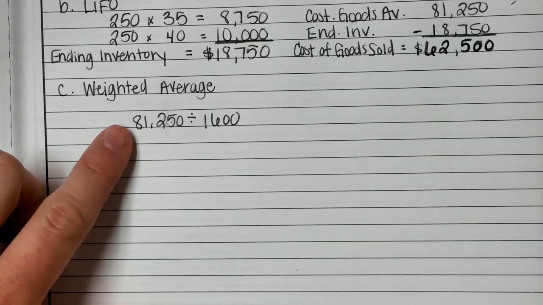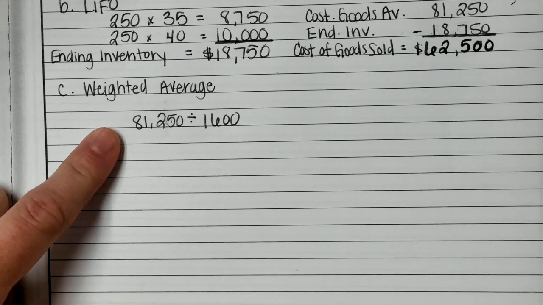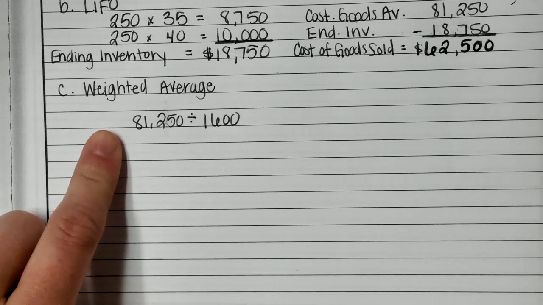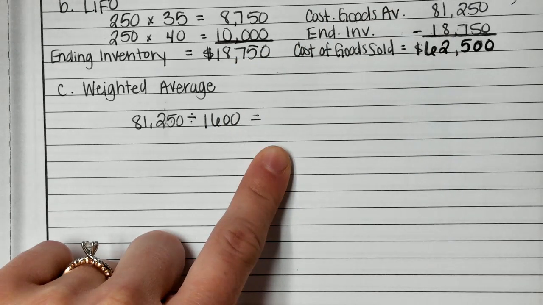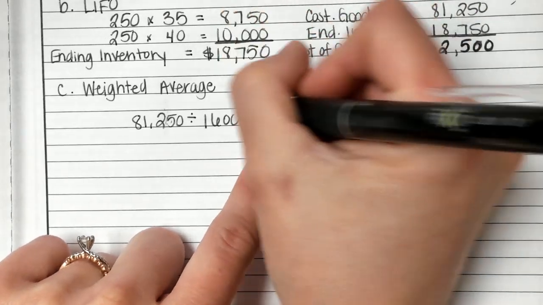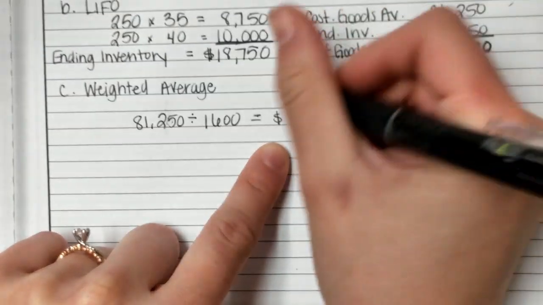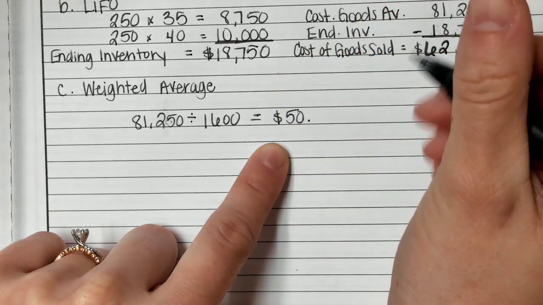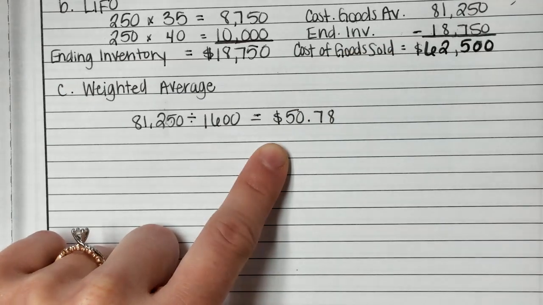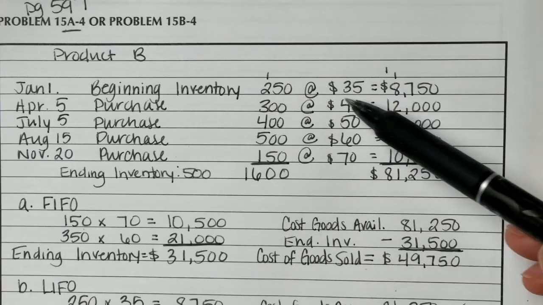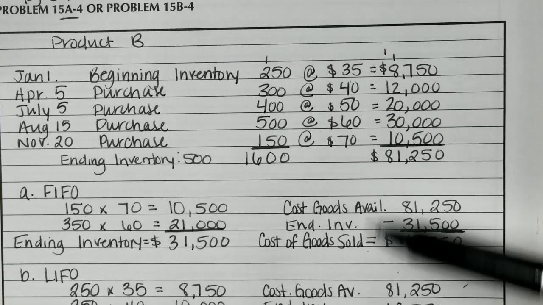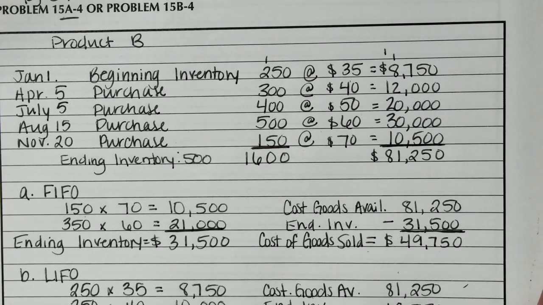We're going to find the average price of a unit. And again, this is the price, so make sure you round to cents. We're saying the average price is $50.78. You should always go back, look at all the prices that you bought them for, 35, 40, 50, 60, 70, and make sure that your average actually makes logical sense. Around that $50 range does make sense.